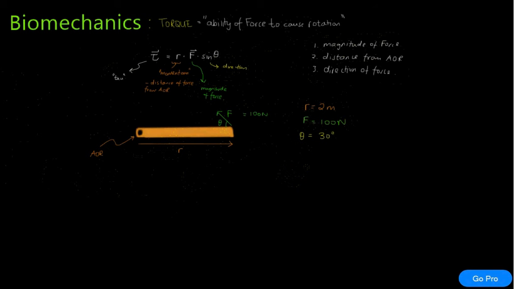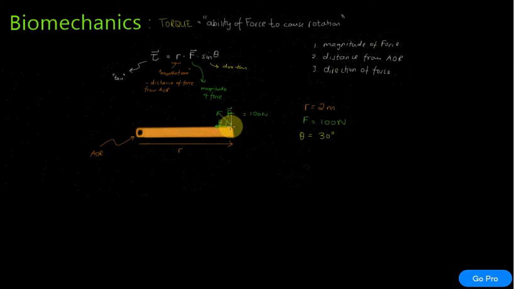One more thing that I'd like to unpack is the fact that since force is a vector, the direction is really important. So this force is acting at some angle relative to this axis of rotation, and I can break this force into component parts, right? I have a vertical component and I have a horizontal component. Now, this horizontal component is acting directly towards the axis of rotation and will therefore not cause any rotation.